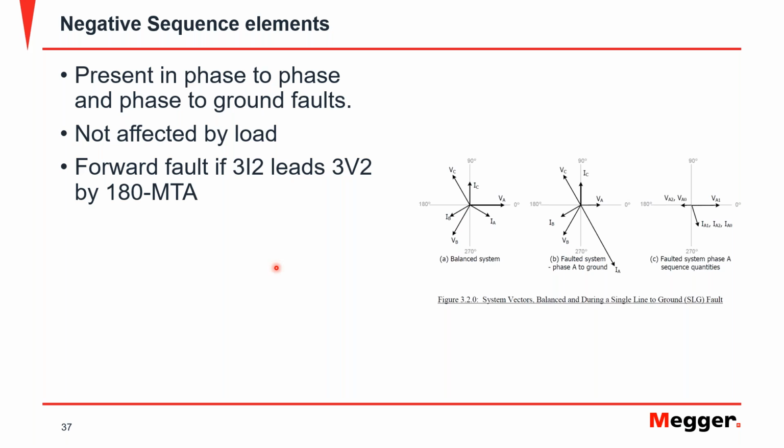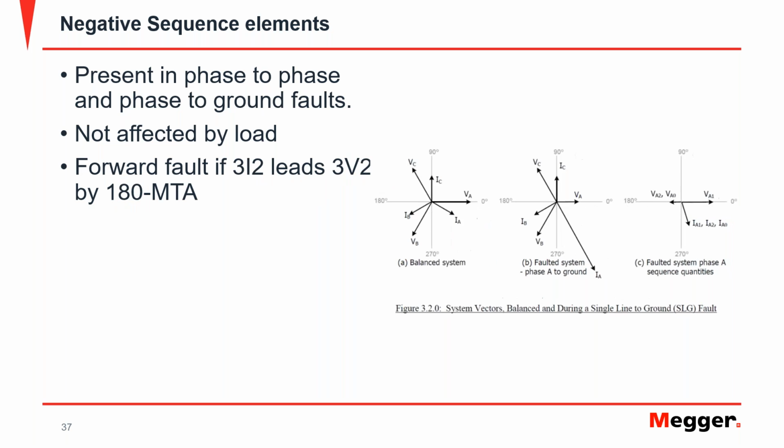There is little negative sequence component in that load. The forward fault is declared, I mean, the directionality decision is made, if the negative sequence current leads the negative sequence voltage by an angle that's 180 minus MTA.